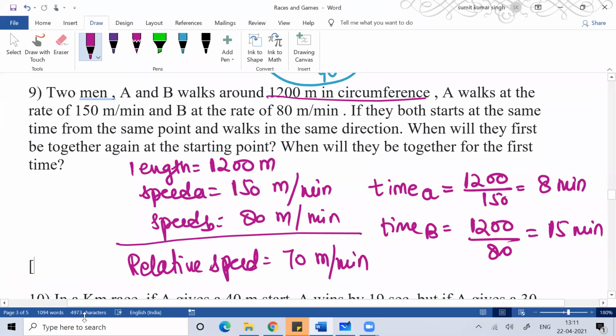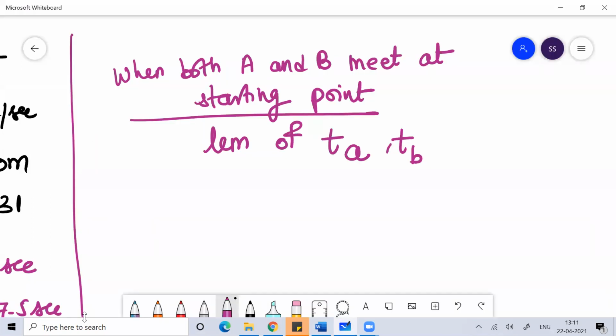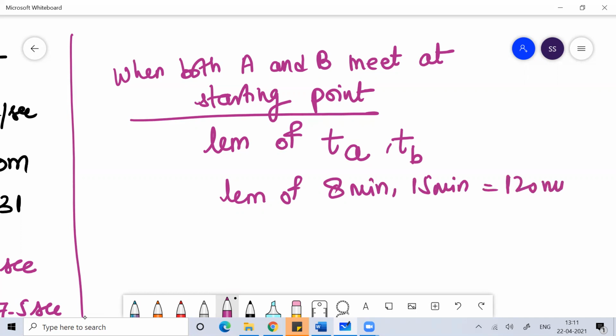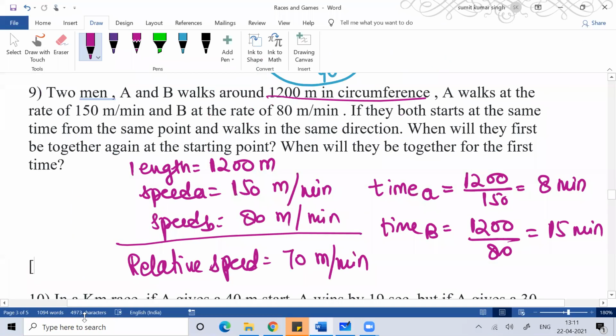The time taken by A is 8 minutes, and by B is 15 minutes. So you find the LCM of 8 minutes and 15 minutes, and you get 120 minutes, which means 2 hours.